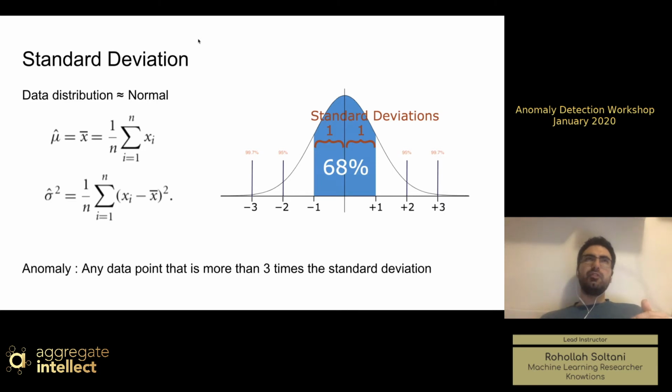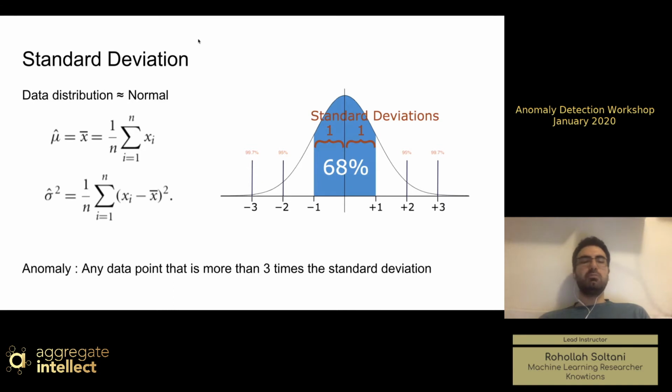Then maybe you can just use that simple technique, using the average and the standard deviation, to say that an anomaly is any data point that is more than maybe 3 times the standard deviation away.